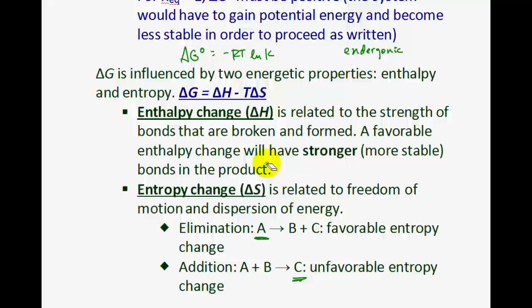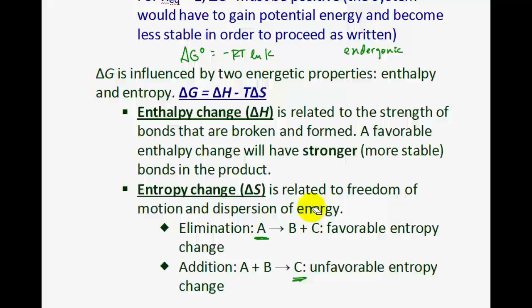It's sort of a penalty in combining molecules together in terms of entropy. So they better be making much stronger bonds when you're combining them, okay, in order for that to work. Similarly, if you're making weaker bonds, there had better be a really good entropy change. So if you're making weaker bonds, you better be making a lot of molecules. You better be spreading that energy out quite a bit.